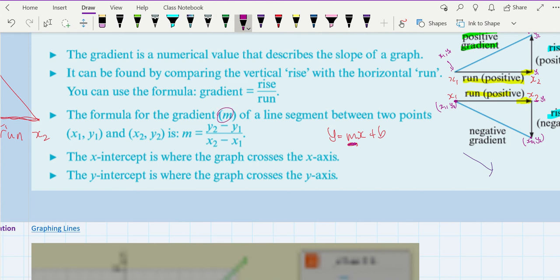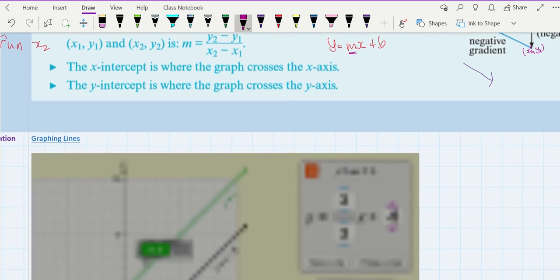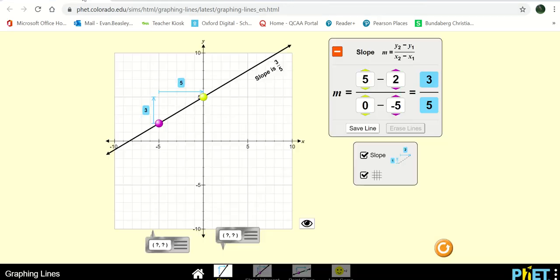Now I won't belabor the point today, but if we're having a look at a linear equation, they take the general form y equals mx plus b, and that m term is going to be the gradient in a linear function. Now the x-intercept is where the graph crosses the x-axis, and the y-intercept is where the graph crosses the y-axis.